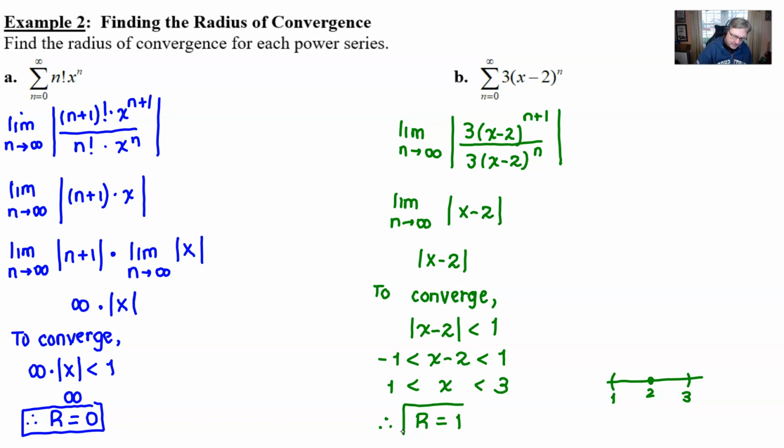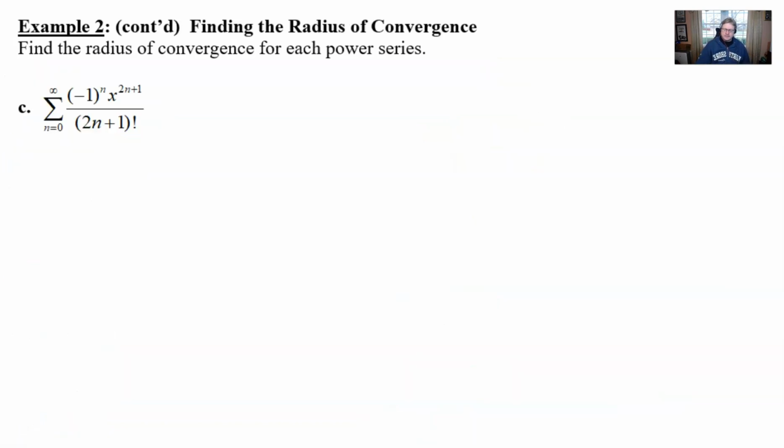So here is our result. We therefore can say the radius is 1. Take a look at example C, and then we'll close out the video by maybe looking at some graphical representations of these particular answers to see really what they mean.